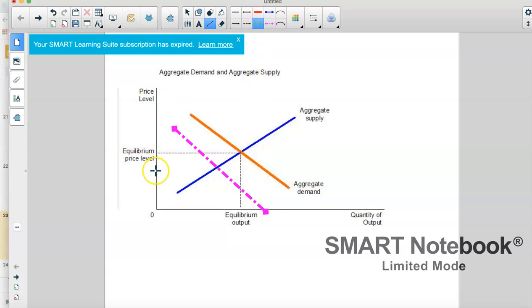When the demand curve goes to the left, you end up seeing prices go down. Inflation has fallen. The problem is when you raise taxes on people, it causes your economic output, your GDP, to go down, meaning some people are going to lose their jobs.